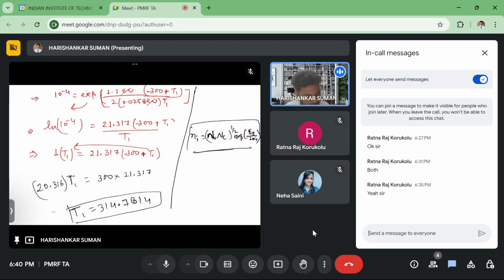After solving, you will get the temperature. So remember this formula, nothing else. Use this expression for Na, and the same expression for Nb, divide both, put in the values, then solve. Okay.